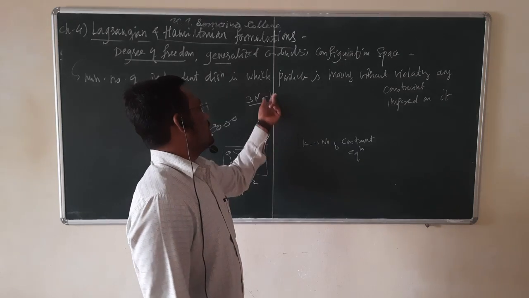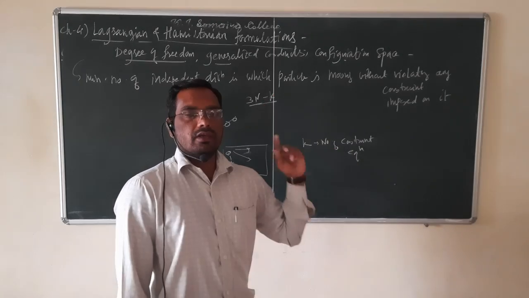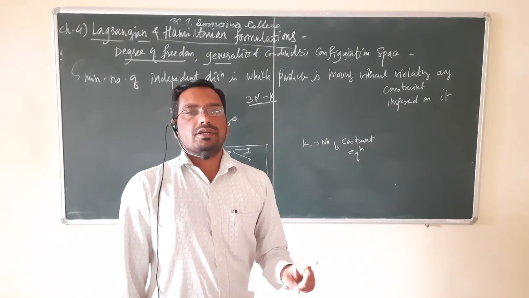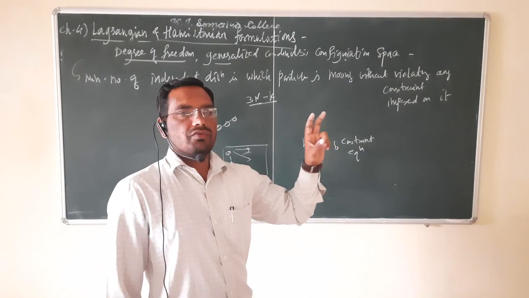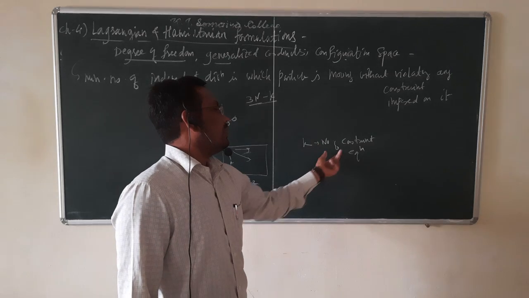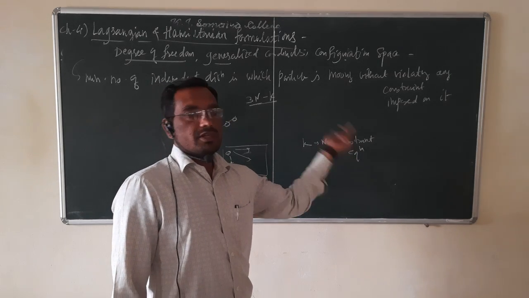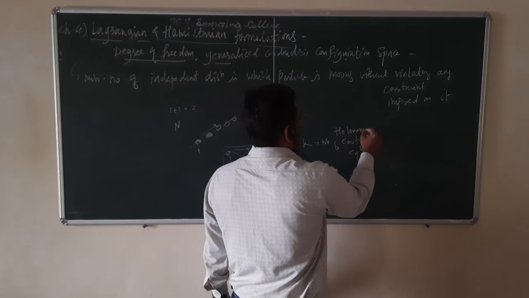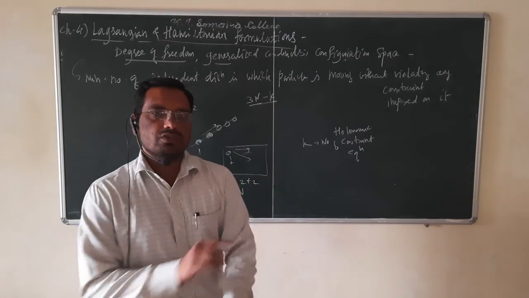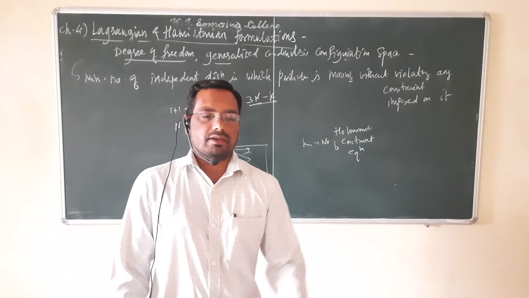If you have only one constraint equation then k is equal to 1, and if you have two constraint equations then k is equal to 2. These constraint equations must be holonomic. Only holonomic constraints can reduce the degrees of freedom of the particles.